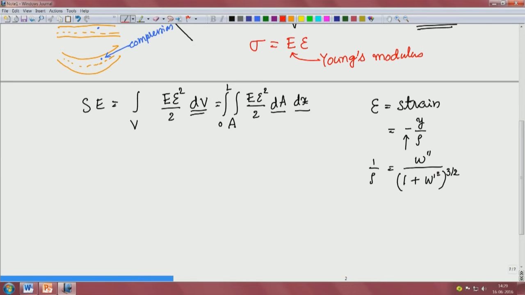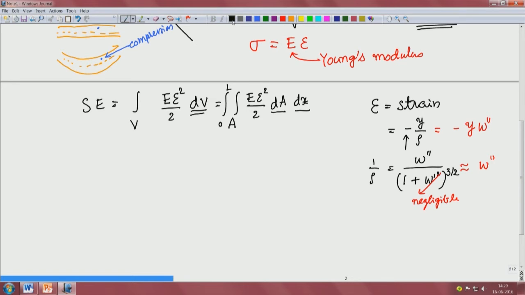So, we can neglect this compared to the 1 that we are adding to. So, this can be approximated as simply w double prime. If I do that, this is going to become minus y into w double prime, because 1 over rho is approximated as w double prime.